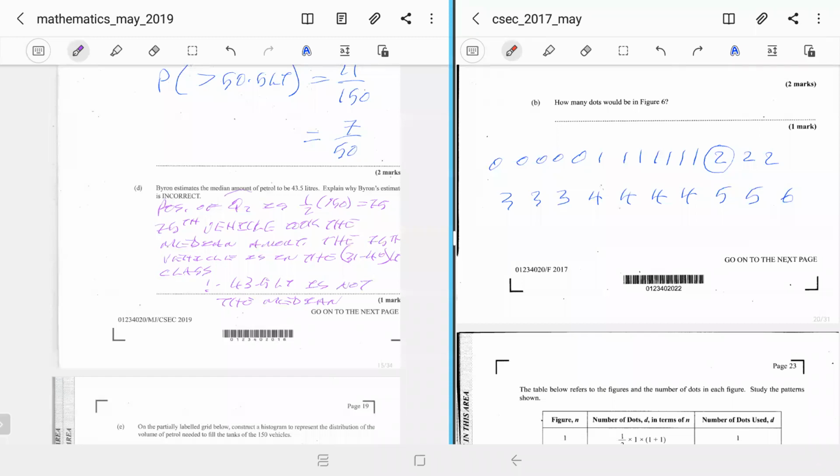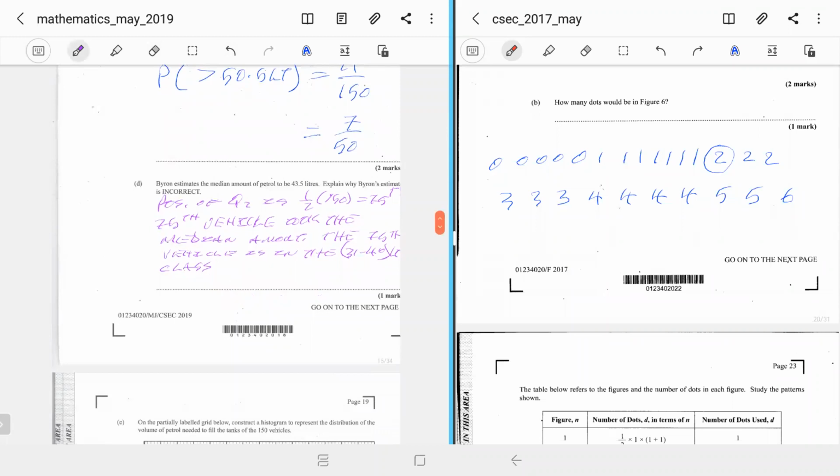Because I said the position of Q2 is the 75th vehicle. And the 75th vehicle took the median amount. Then I say no, the 75th vehicle is in the class between 31 and 40. So 43.5 is not in this class, and therefore it is not the median.